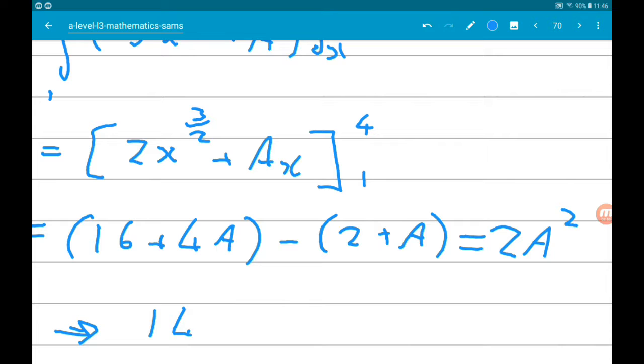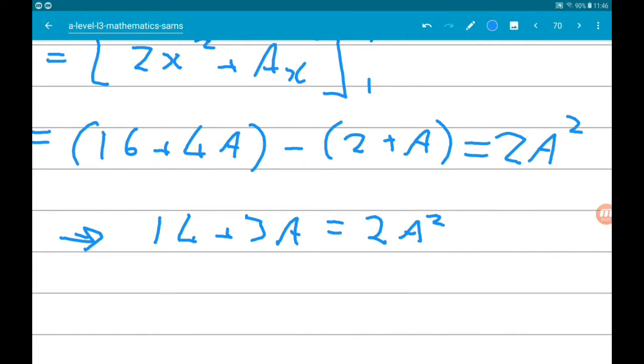Now we also have 4a minus a, which is 3a. And that is equal to 2a squared. Now, this is a quadratic, so we want to get everything on the same side.